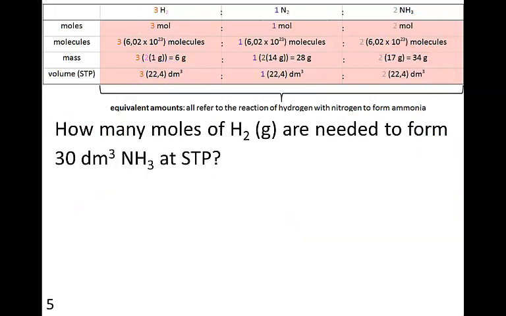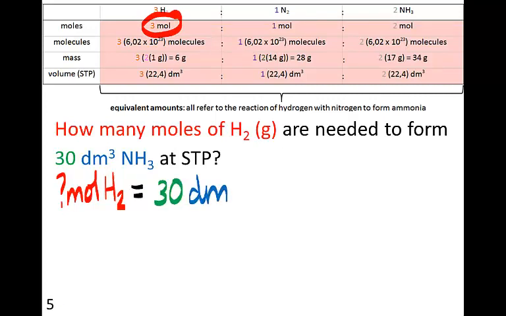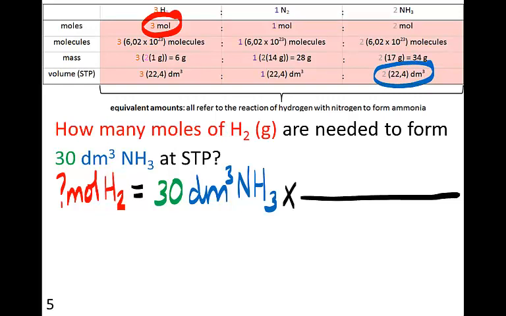Try answer this question yourself from the beginning before I help you. How many moles of hydrogen gas, so we see that moles of hydrogen is important here, are needed to form 30 decimeters cubed of ammonia at STP? So volume of ammonia here is important. So our conversion factor is a mole hydrogen volume ammonia ratio for this particular reaction.